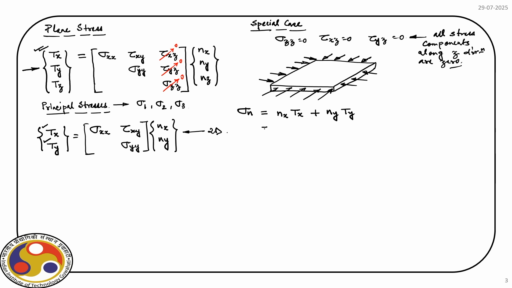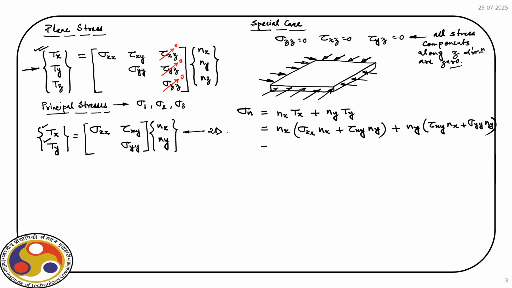So, if we do that, what we will get is Nx times Tx, which is sigma xx Nx plus tau xy Ny, then we have to add Ny times Ty. So, in place of Ty we can write tau xy times Nx plus sigma yy times Ny.